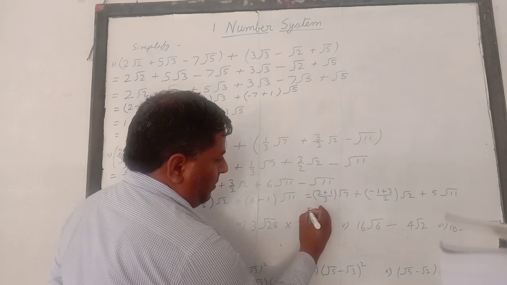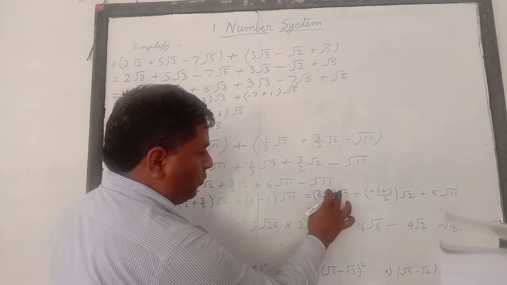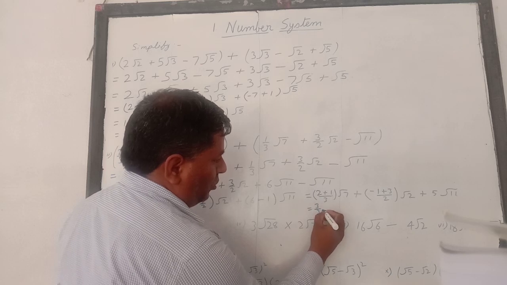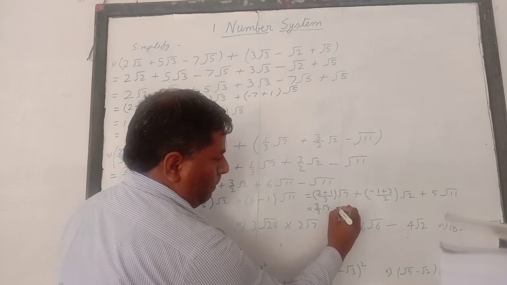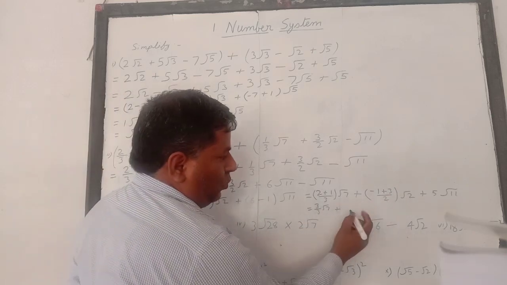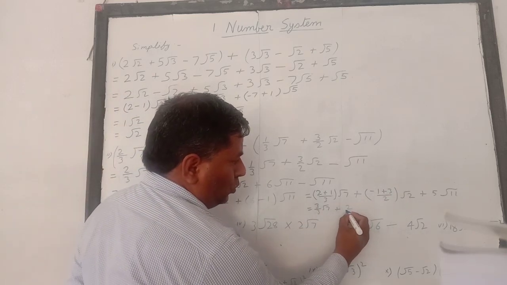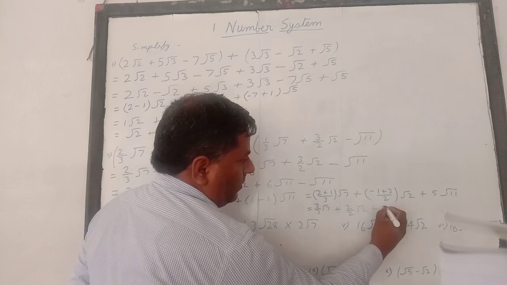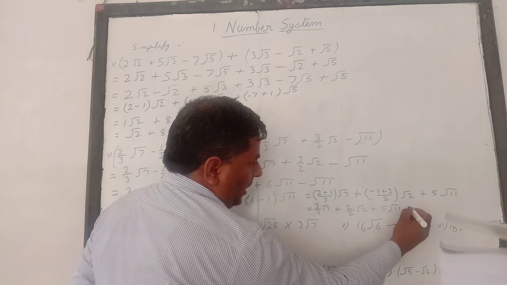Now the answer will be: 2 plus 1 by 3 is 3, so 3 by 3 root 7 plus 3 minus 1, 2 by 2 root 2 plus 5 root 11.